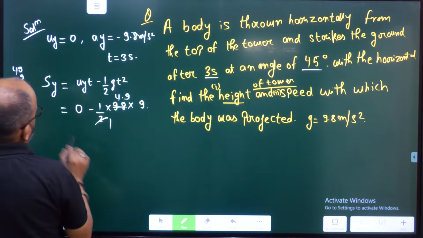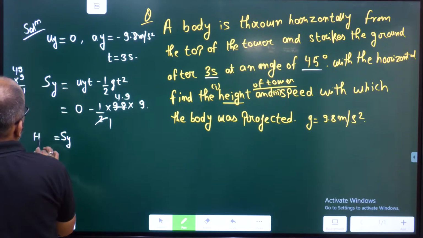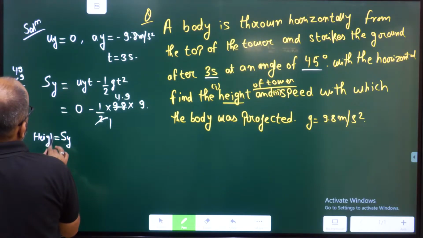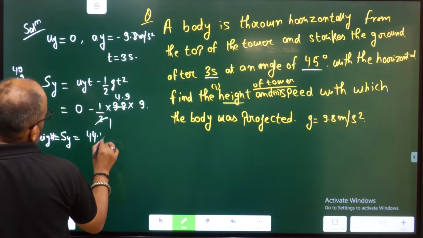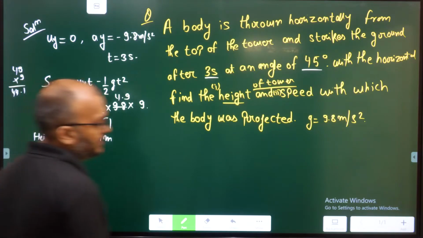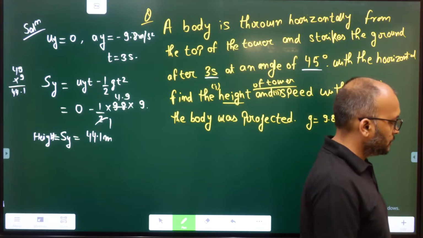So 44.1. So Sy, which is the height of the tower, comes out to be 44.1 meters. Clear, everyone? Yes, sir. Okay.